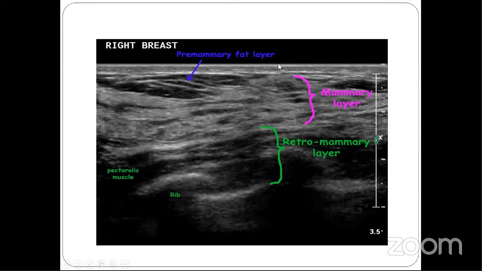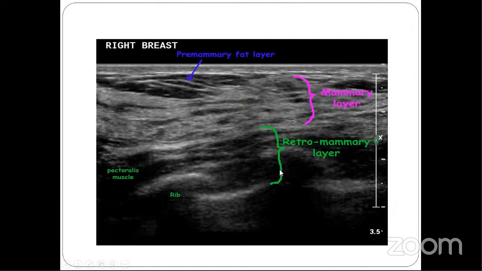As you can see here, the ultrasound of the breast is completely different from the mammography. What we can see in the ultrasound is a normal ultrasound. This is the muscle, here the muscle, the rib. Here the pre-mammary fat, mammary layer.